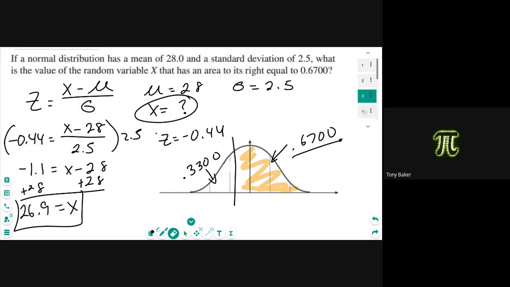What minus 28 is going to give you negative 1.1? So you add 28 to both sides, and you get 26.9. Now if we did the exact problem the other direction, using this 26.9, we would get 0.6700.